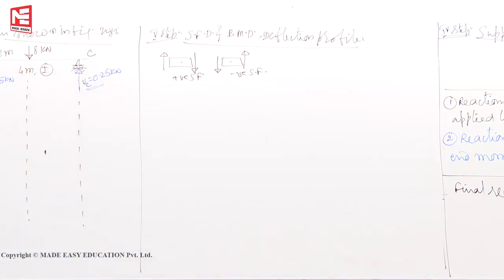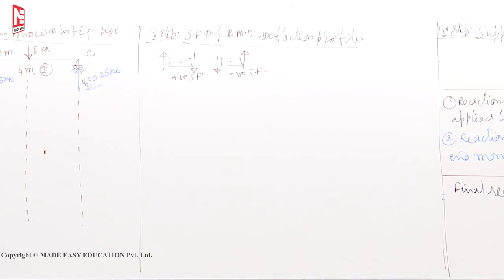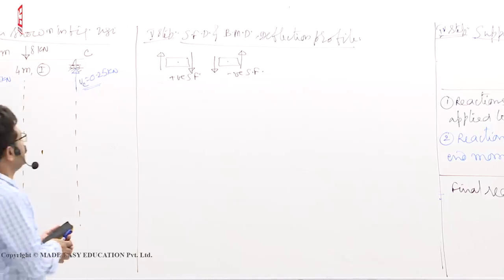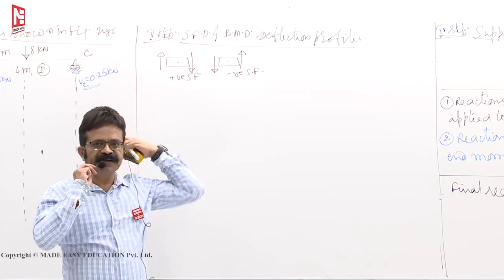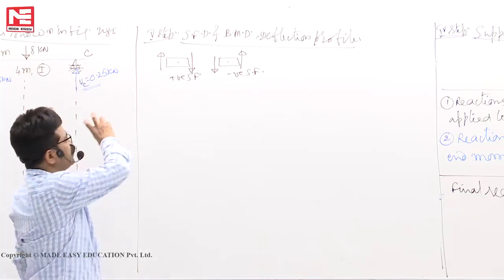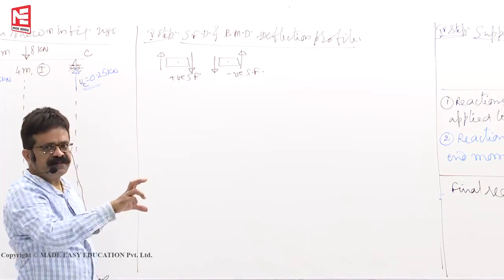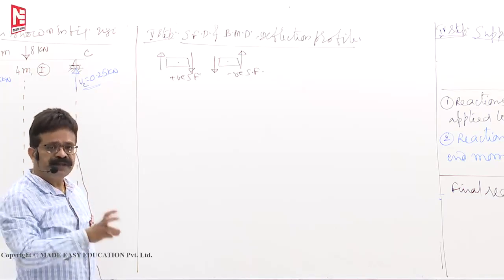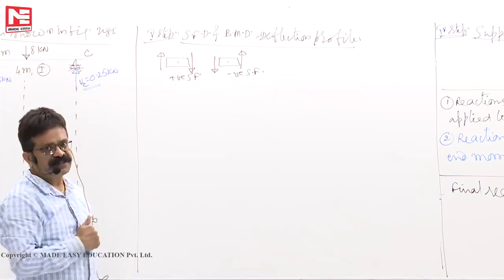Now you see, as in strength of materials, you might have studied, shear force at LHS of C, RHS of C, all those statements you have written. Such statements you cannot write once you come to structural analysis level.